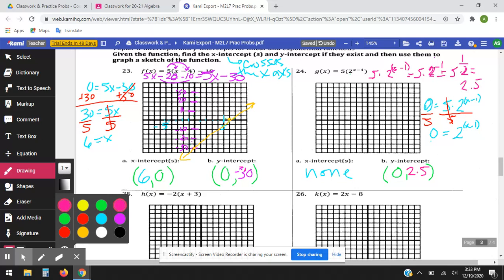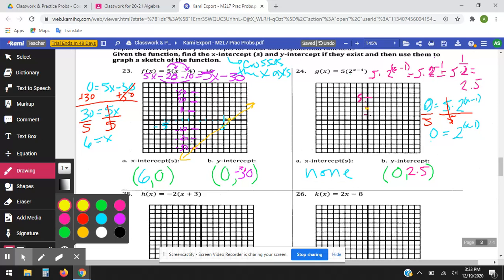So I know my y's need to go to 2.5. I'm going to go up by ones. So 1, 2, 3, 4, 5 here. And I know at 2.5, I'm going to have my y-intercept.